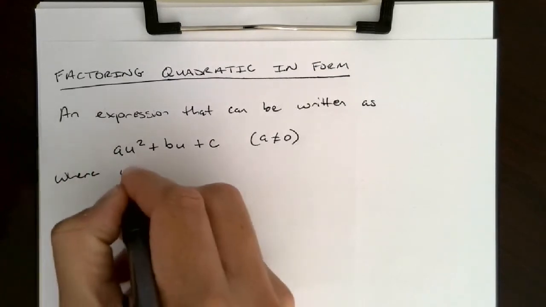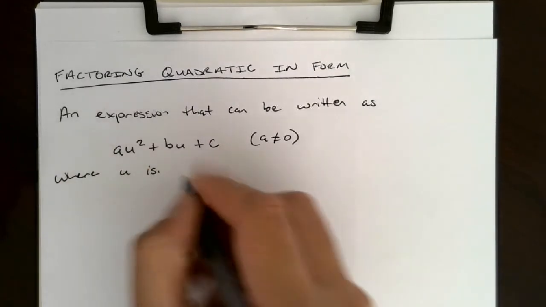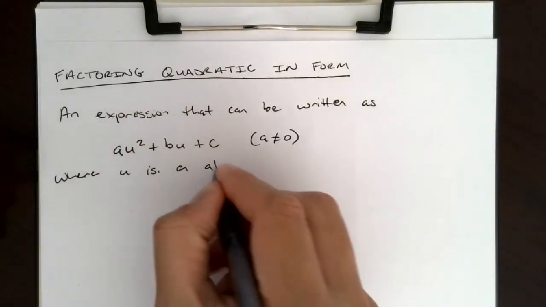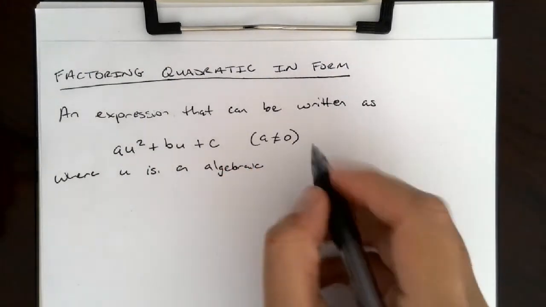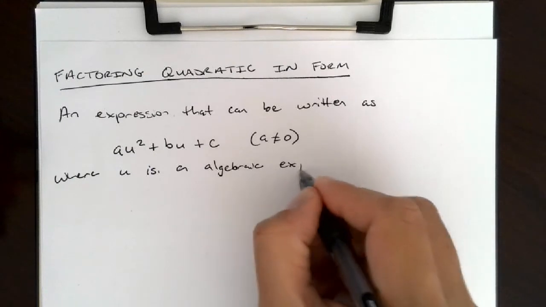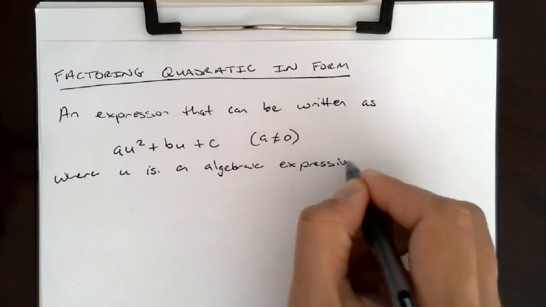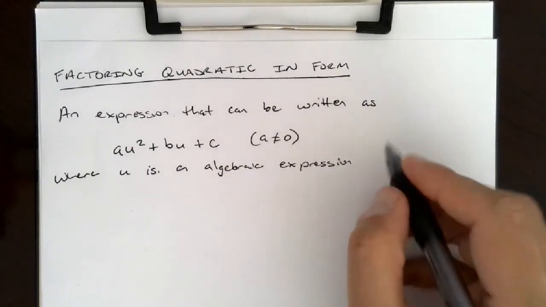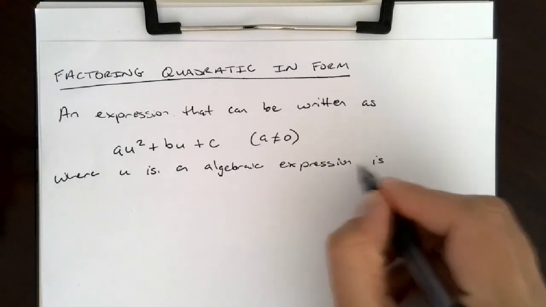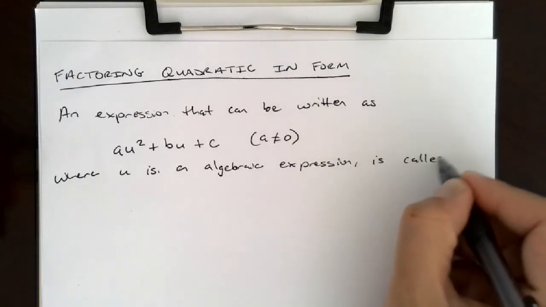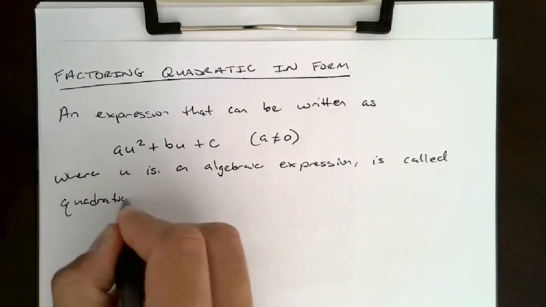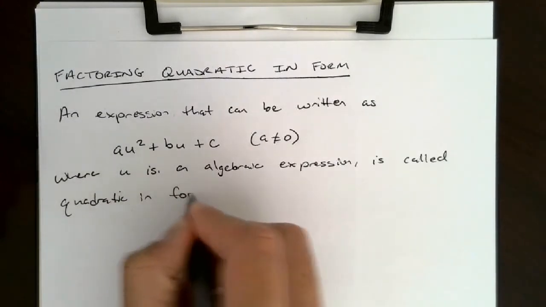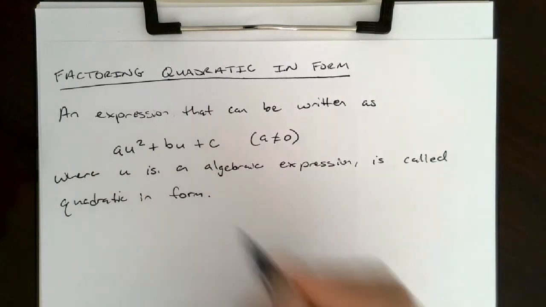Where u is an algebraic expression is called quadratic in form.